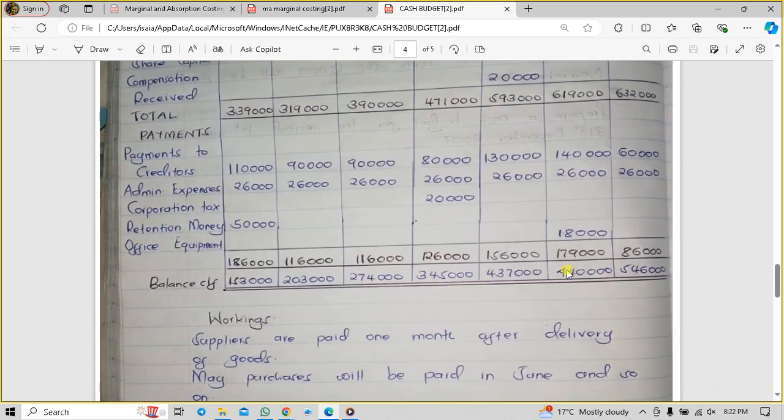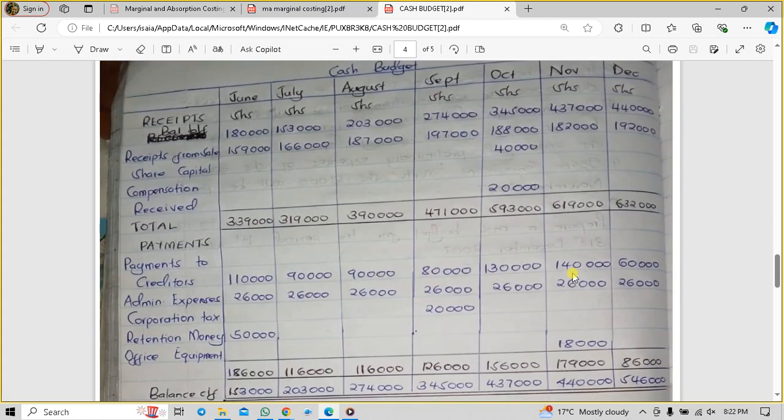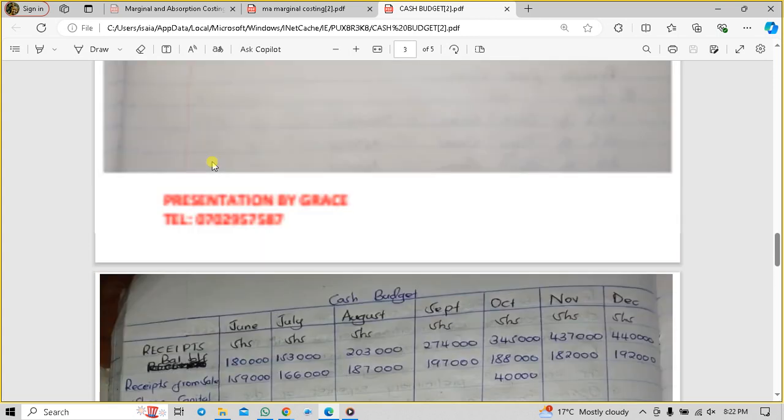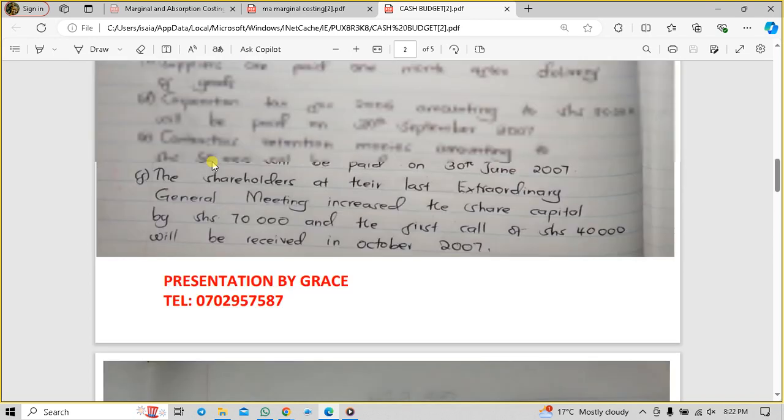Up to the last, in November, we have 440,000, which becomes the opening balance in the month of December. Just that. So from there, now we are just making entries, and you can go to part C.